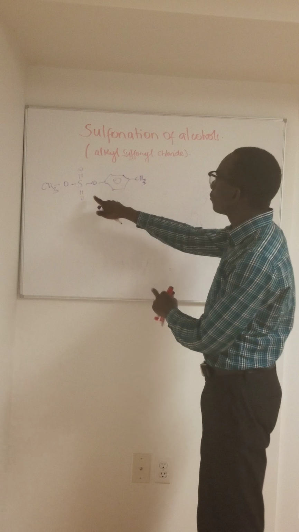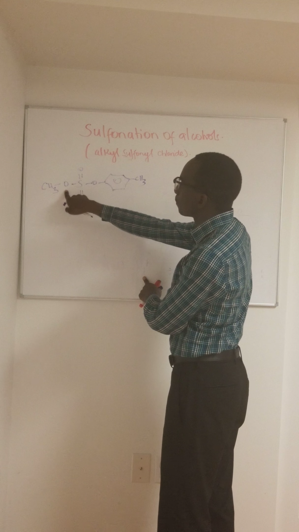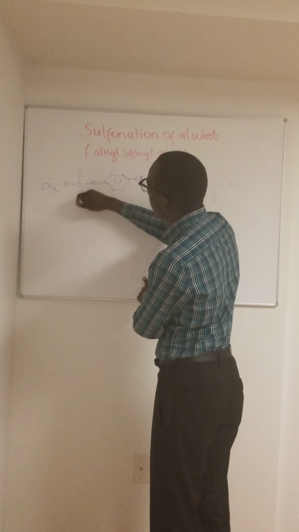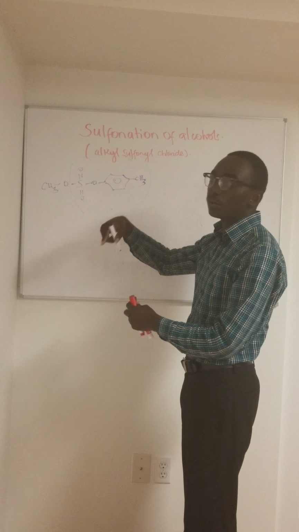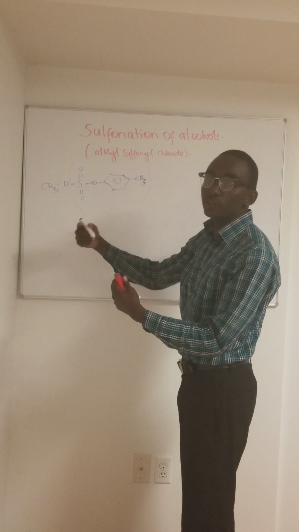How? By replacing this structure, I can replace it with any group that I want, so that I can elongate a chain or incorporate a new functional group.